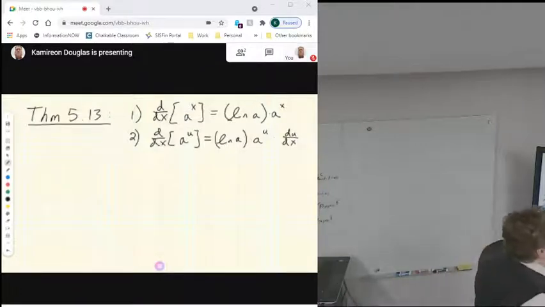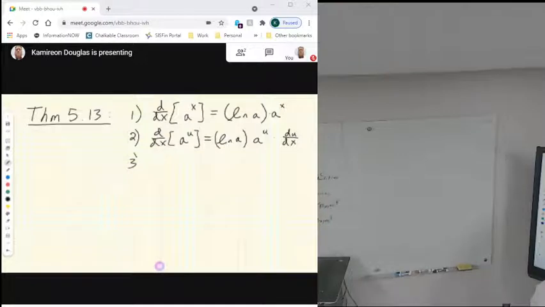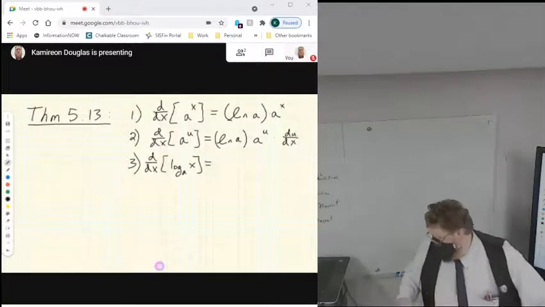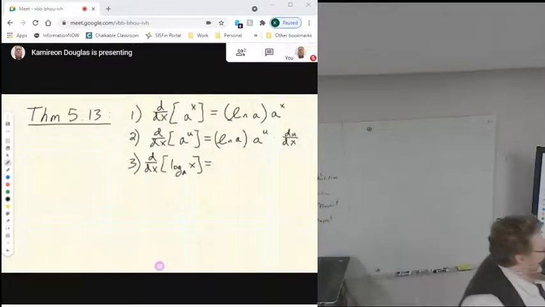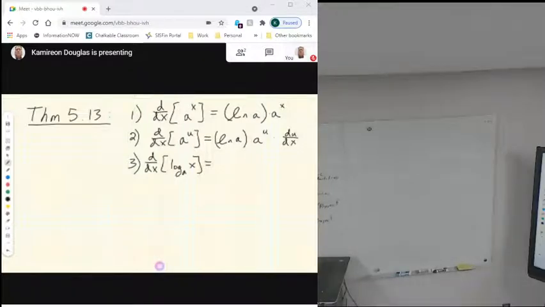The logs are very similar. Part 3, the derivative with respect to x of log base a of x is equal to 1 over ln of a times x.